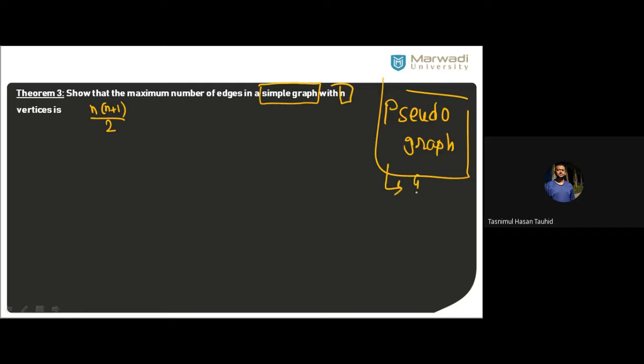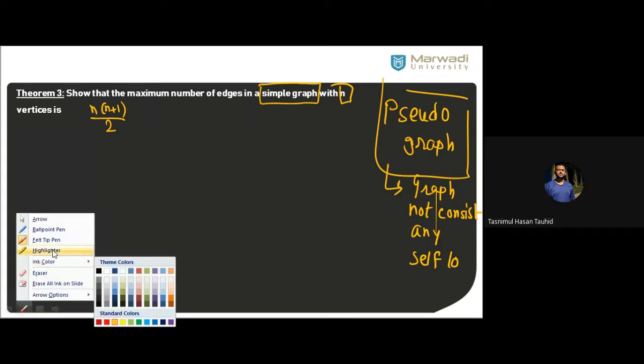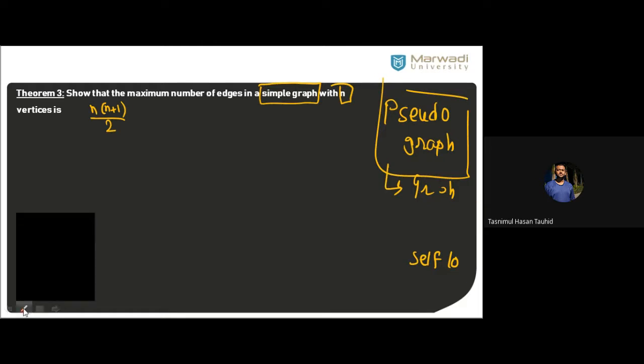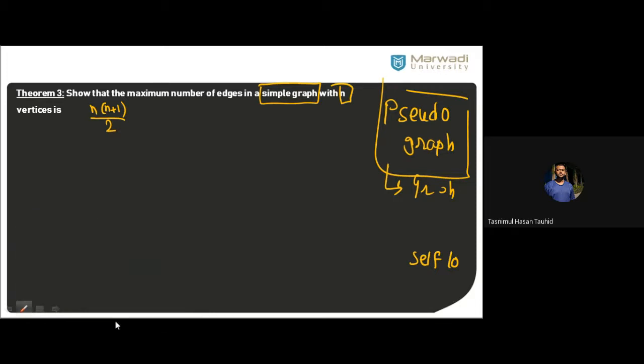Pseudograph means a graph that consists of one or more self loops is known as a pseudograph. Now we'll go to the theorem.